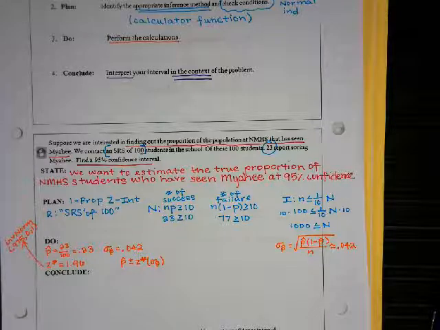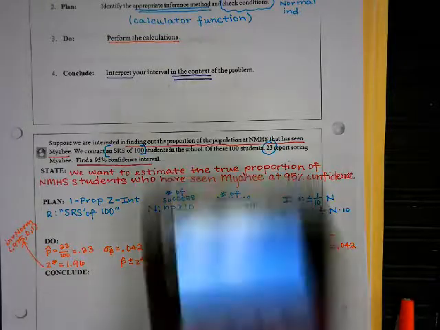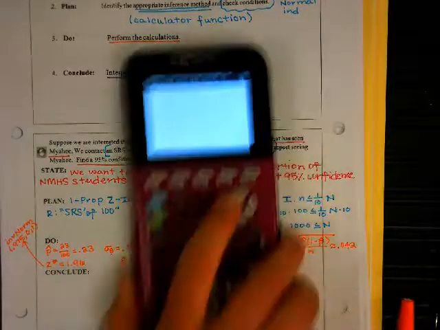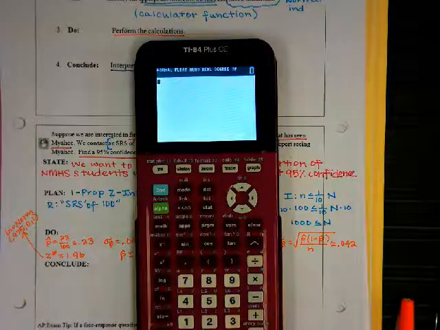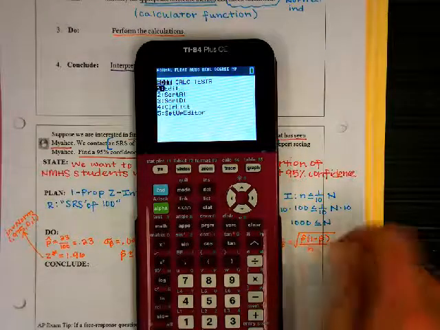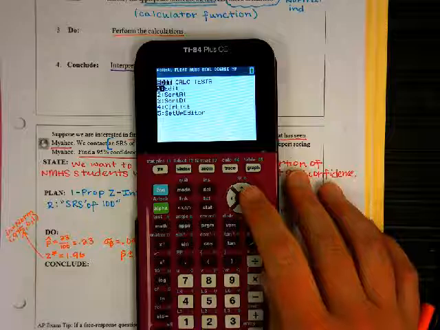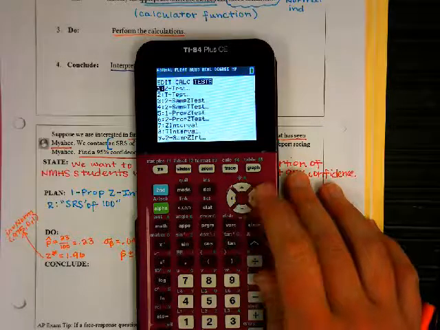All right, you guys ready to learn how to do this on your calculator? You're going to hit stat, go over to tests, and we're going to look for 1-PropZInt, which you have to scroll all the way down.